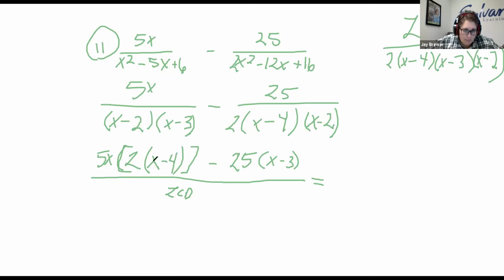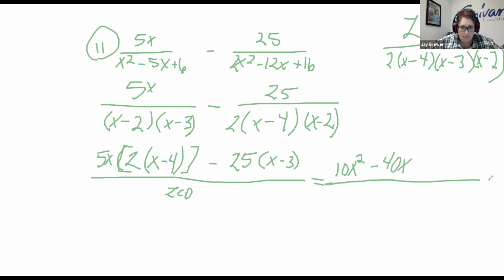2 times x will give us 2x. 2x times 5x gives us 10x squared. 2 times negative 4 will give us a negative 8. Negative 8 times 5x will give us a negative 40x.